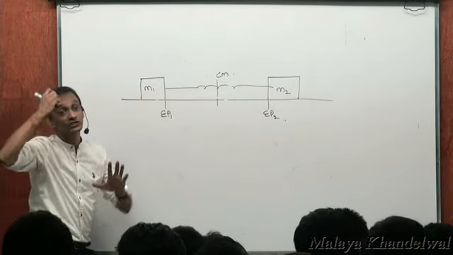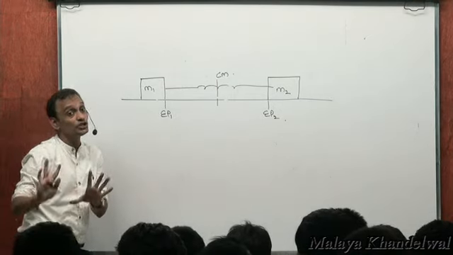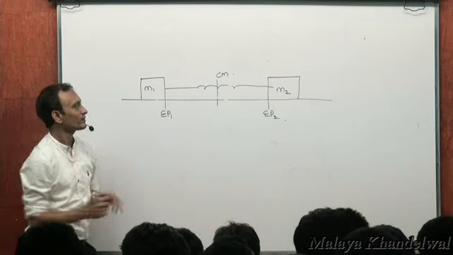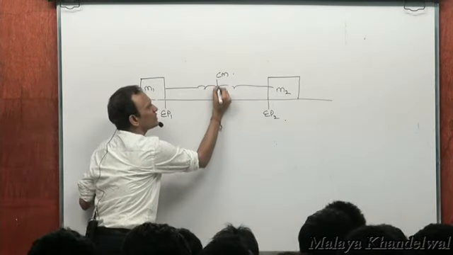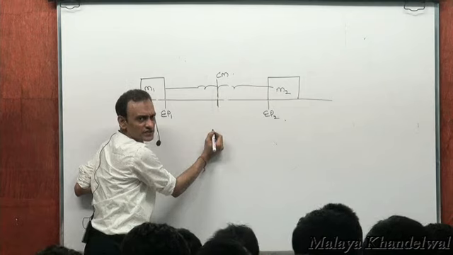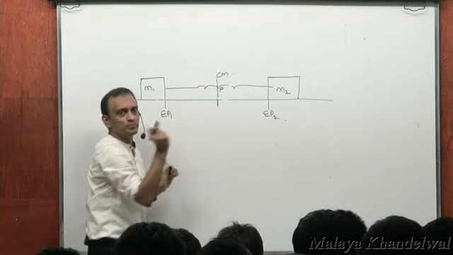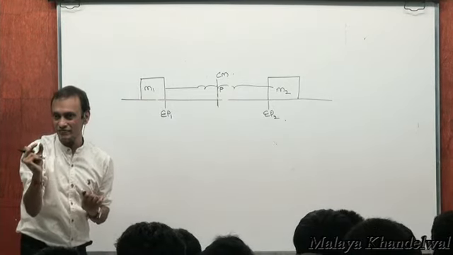Now think of it like this. One could have imagined this to be as follows. Since this is a position that is not changing with time, this point of the spring is permanently fixed.